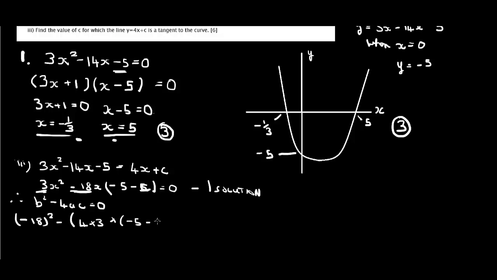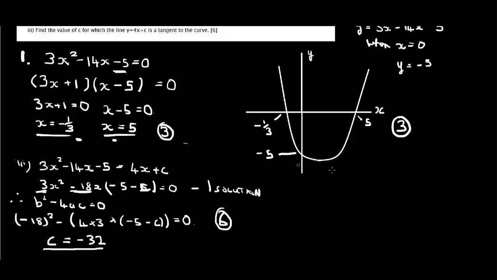You've got to be careful not to drop a sign with this. The only difficulty, it's not really a difficulty, is there's a danger of dropping a sign. And if we work all that out and just collect terms, we'll find that c equals minus 32. And there are 6 marks for that.